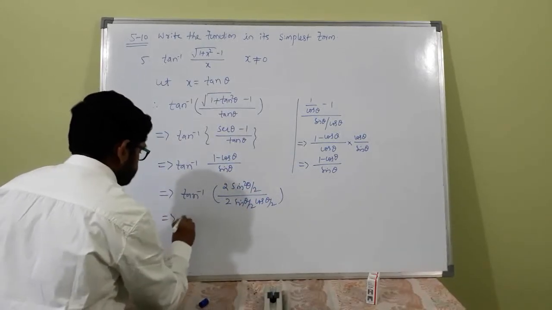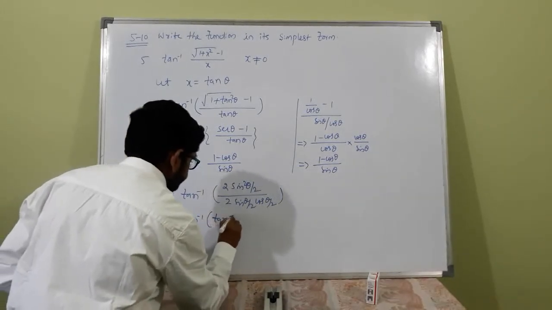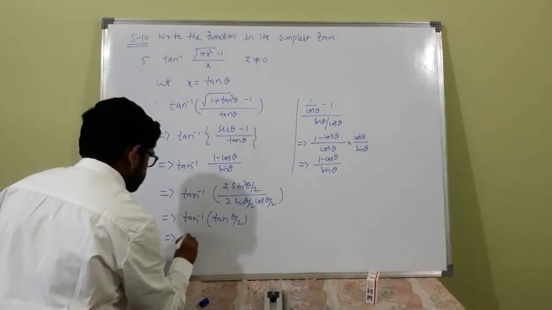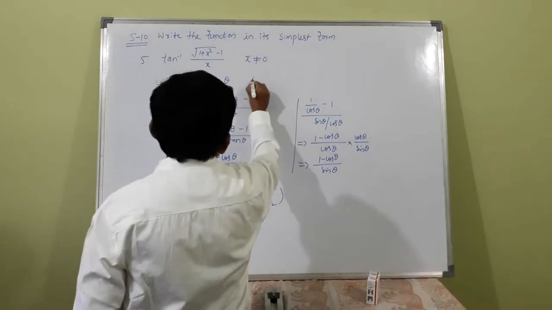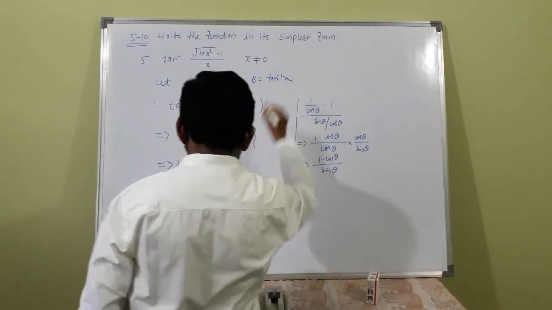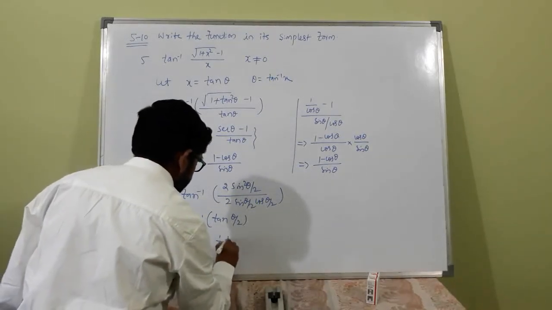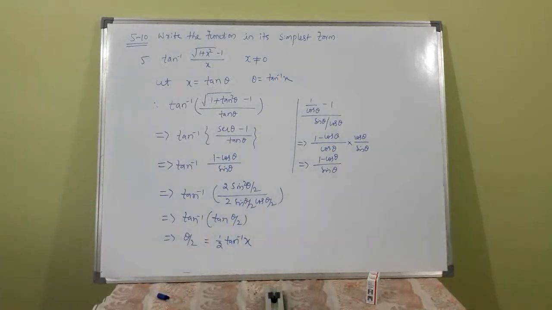So this implies tan inverse of tan theta by 2, that is theta by 2. Tan theta is x, means theta is equal to tan inverse x, that is half into tan inverse x. The simplest form is half of tan inverse x.